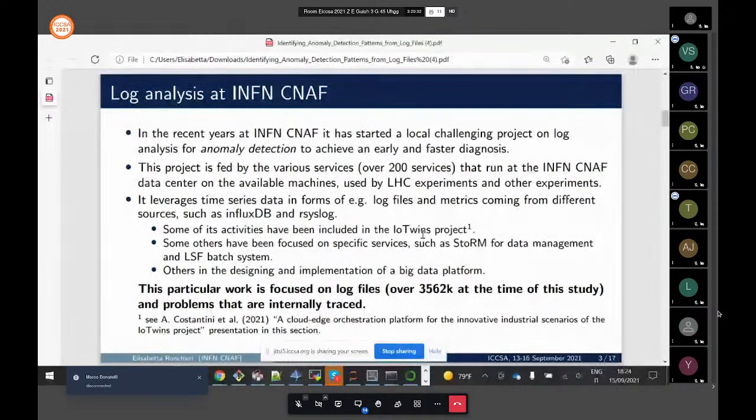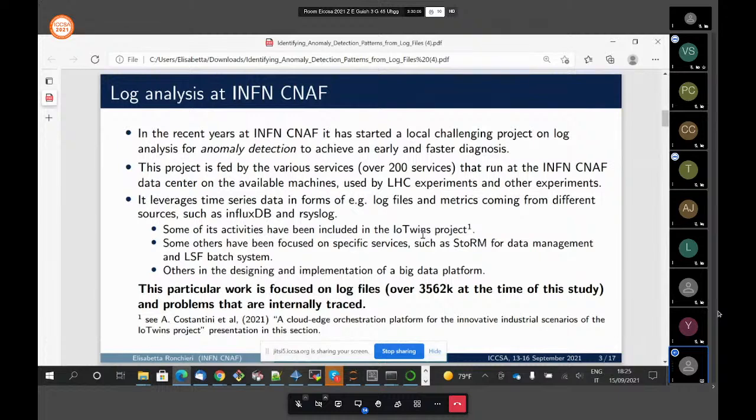This project uses various services that run at the data center on the available machines. There are more than 200 services, and the machines are used by different experiments, some of them belonging to the community of the Large Hadron Collider at CERN.